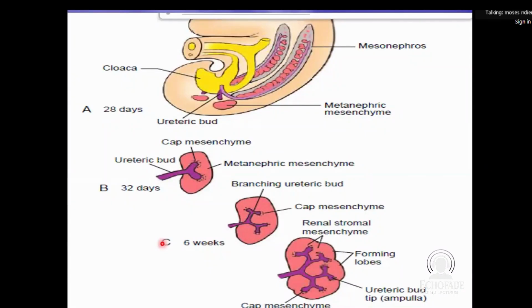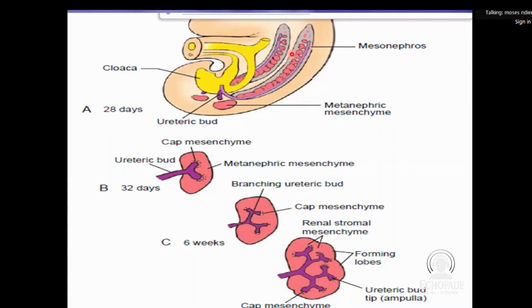We have already dealt with the development of the male reproductive system and female reproductive system. And we talked of the lateral side of the intermediate mesoderm. Remember, the paraxial mesoderm develops from the vertebral column.